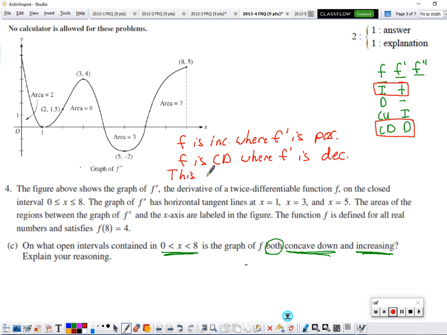This occurs for, let's look, you need to have f prime be positive and also f prime decreasing. So that would be here and here.